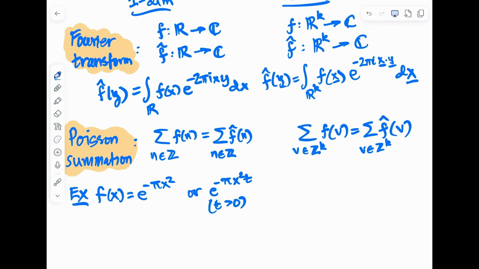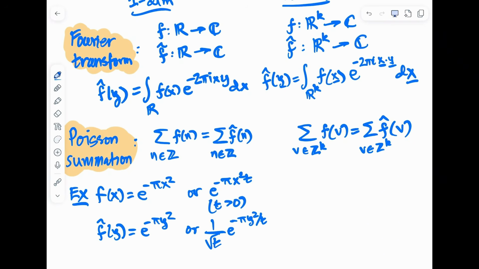In this case, the Fourier transform is itself. Or if you insert a scaling factor, you get 1 over root t times e to the minus pi y squared over t. So the t changes in two ways. In the Fourier transform, in the second example, you get a 1 over the square root on the outside, and you get a 1 over t in the exponent.